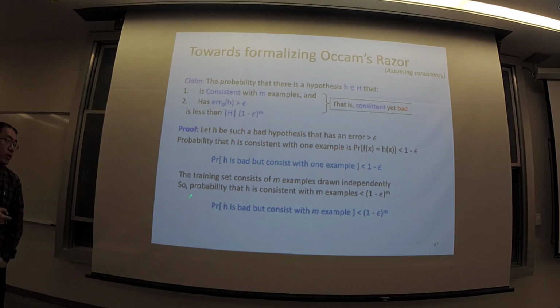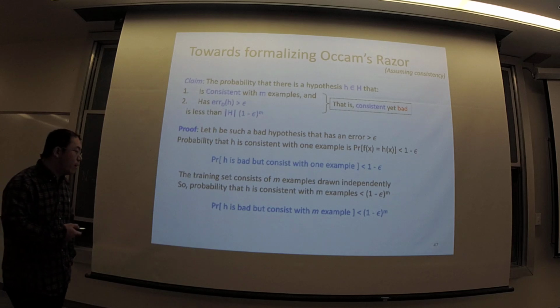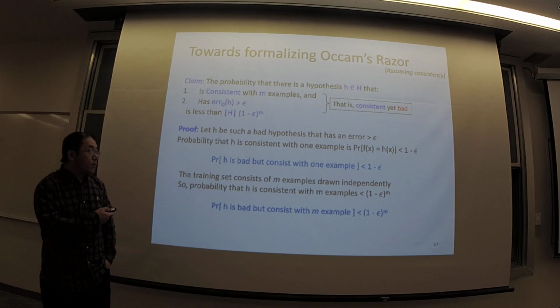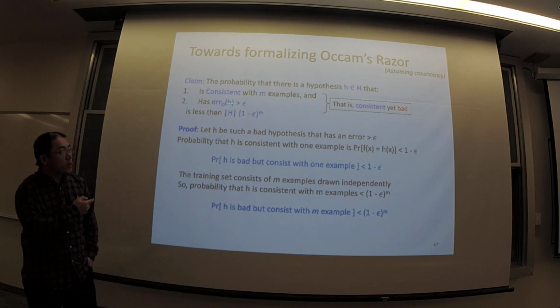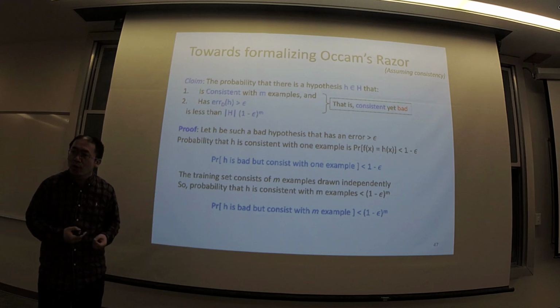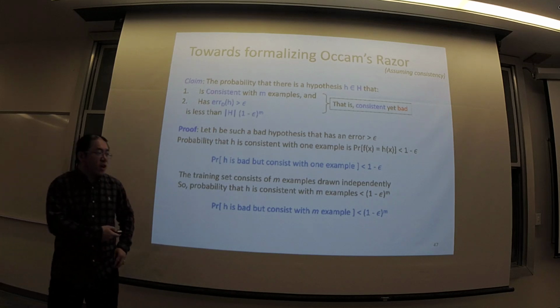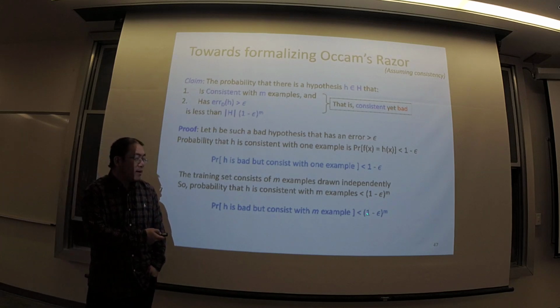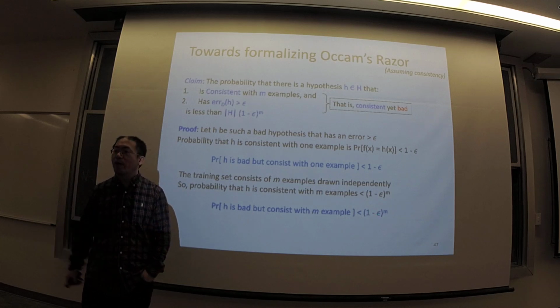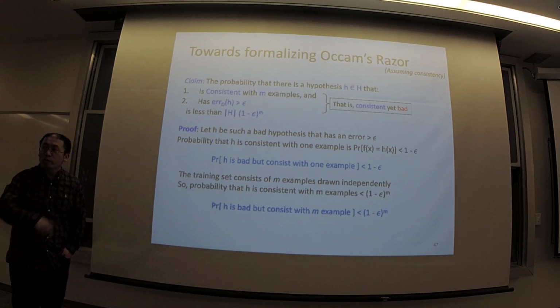So now we have a simple claim: for a bad hypothesis, meaning its true error is bigger than epsilon, the chance that it happens to correctly predict all the training examples is upper bounded by (1 minus epsilon) to the power of m. But this is not the original claim.